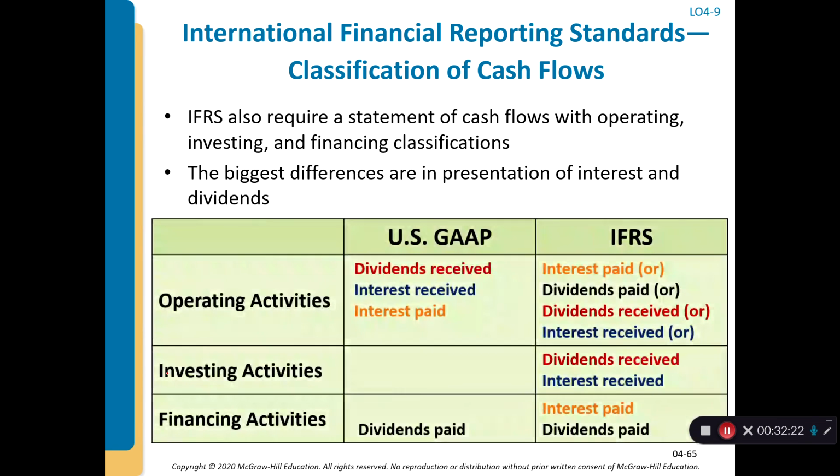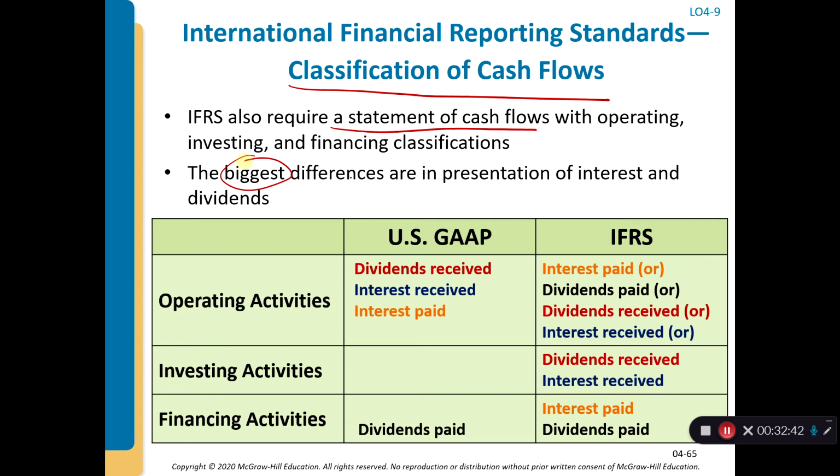Okay. Now I just want to give you a brief comparison between IFRS and GAAP in terms of classification of cash flow. IFRS also requires a statement of cash flow with operating, investing and financing classification.